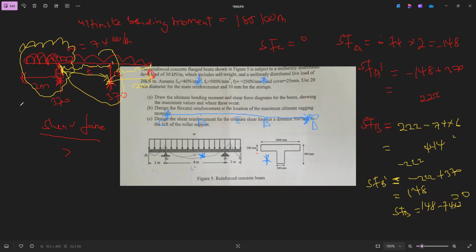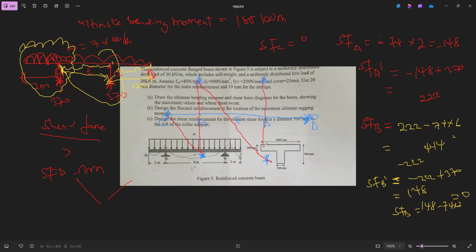Okay, so you know how we do it. For shear force diagrams, when you see a UDL, it turns into a slanted line or a diagonal line. Because there is a UDL here, it will join this way, but there is no UDL, it's a point load, so it goes this way. Here to come this way.